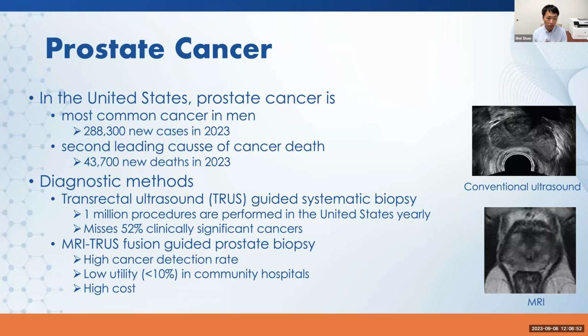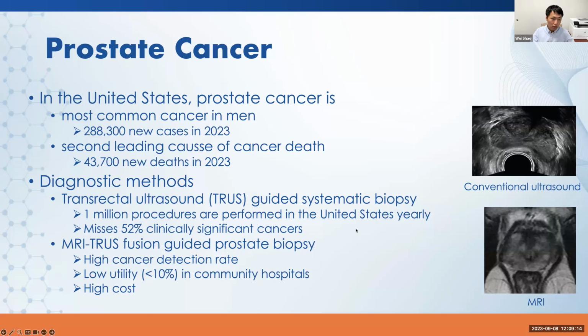So we have to take biopsies at those 12 to 14 different locations, because this conventional ultrasound has no way to distinguish between cancer and non-cancer regions. You will not be able to tell if this is cancer or not from this conventional ultrasound image.